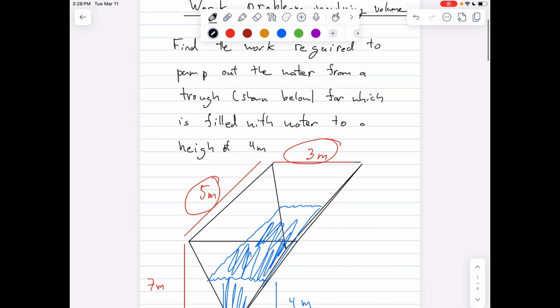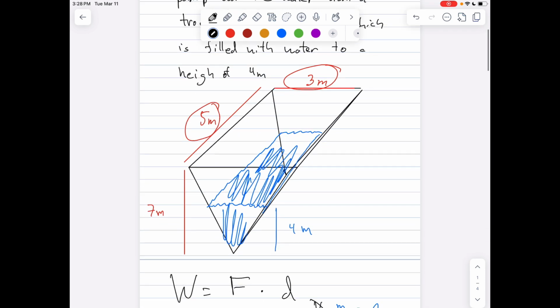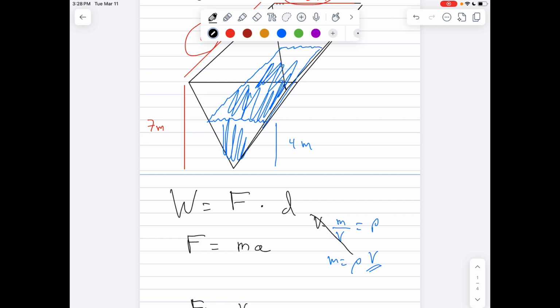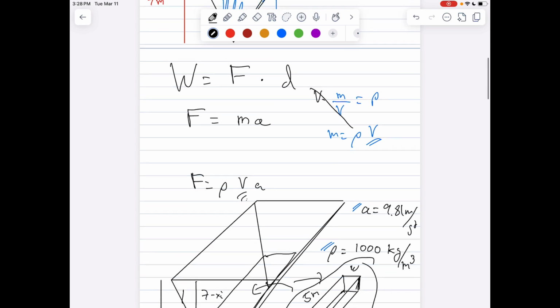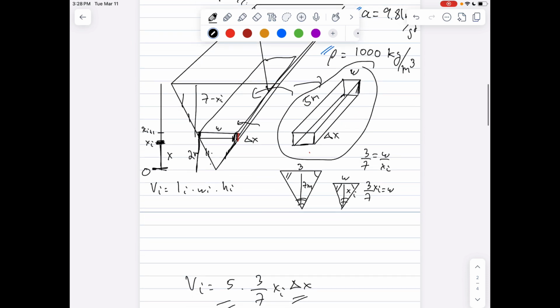So if I were just to go over this real quick, just the major steps here. We're using the fact that work equals force times distance, force equals mass times acceleration. Force in this case is going to equal density times volume times acceleration. And yeah, you're getting a volume of a part of a piece that you're going to be moving up, okay?